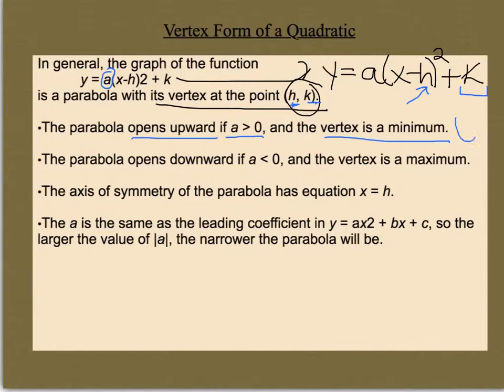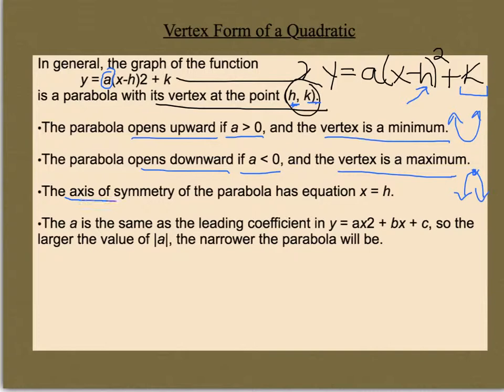So it's like a smiley face, like this. And the parabola opens downward if a is less than 0, in other words if a is negative, and the vertex is at a maximum. So you would have a frowny face, like this, and your vertex would be at the top, at a maximum.